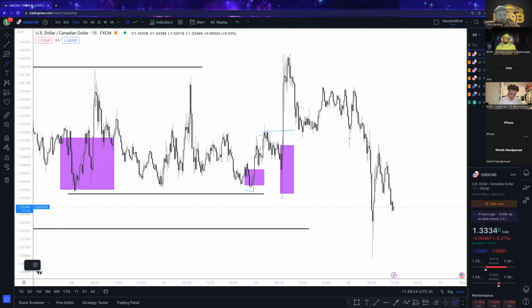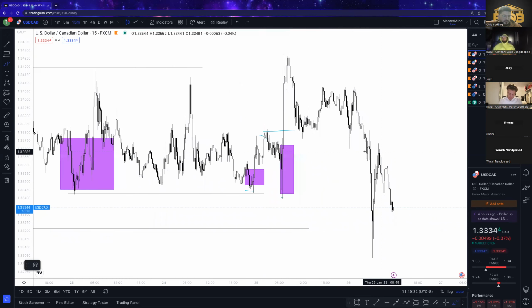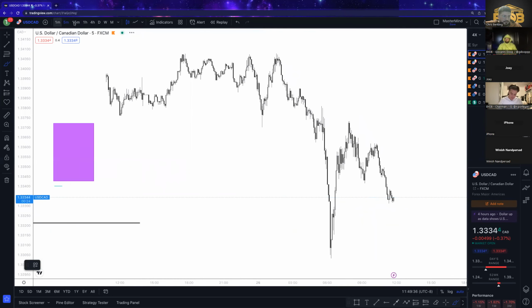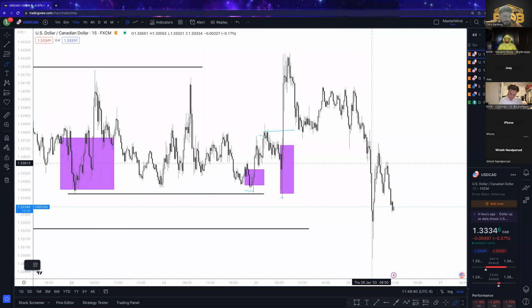And really just being mindful of structure, you know. I see 1 hour structure or 1 hour wick, and when I come to the 15-minute, no clear structure break or nothing, right? So lower low, lower high, lower low, all this push down.